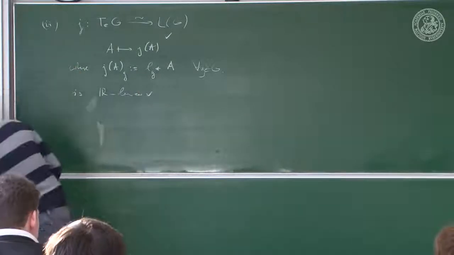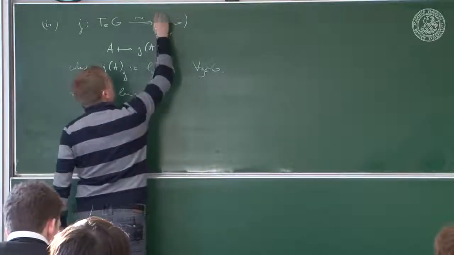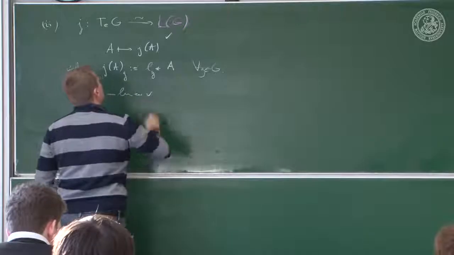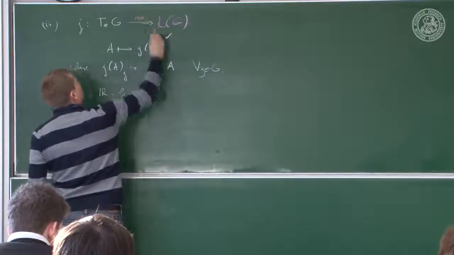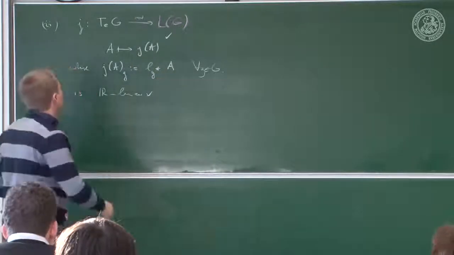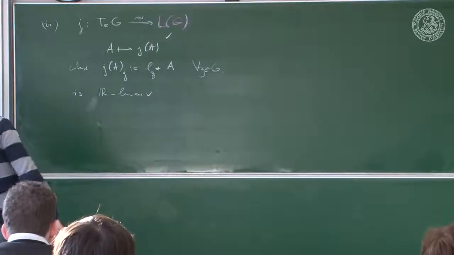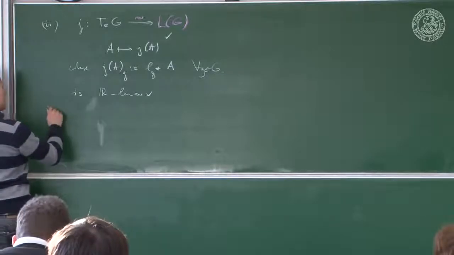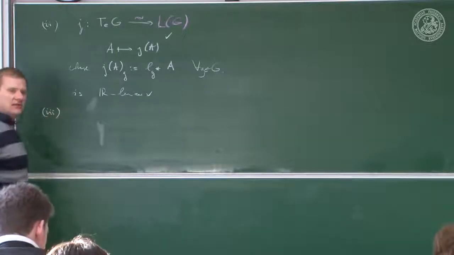So in number 1, we verified that indeed the target is the left invariant vector fields, and now in 2, we verified that in fact it's a linear map. It remains to be shown that it's invertible, so that it's an isomorphism, or that it's injective and surjective.